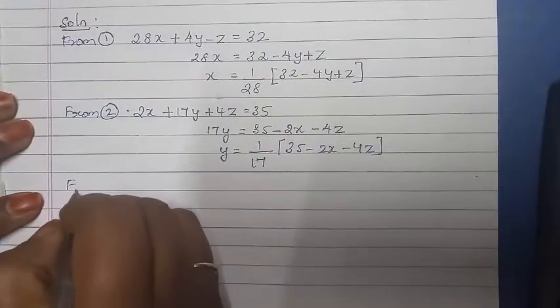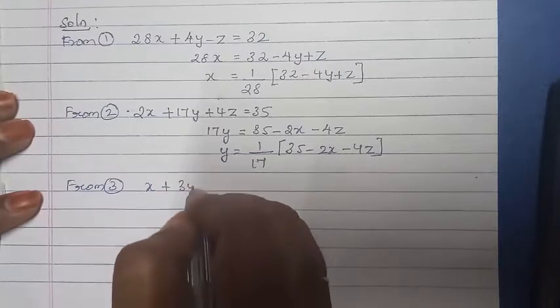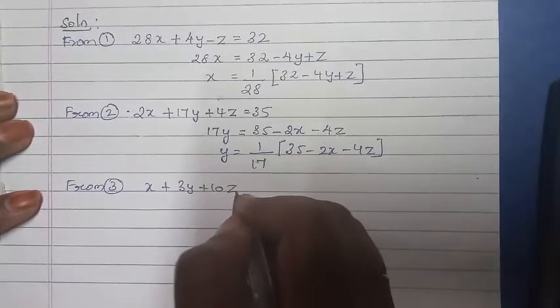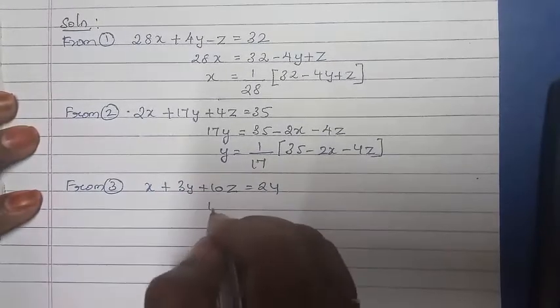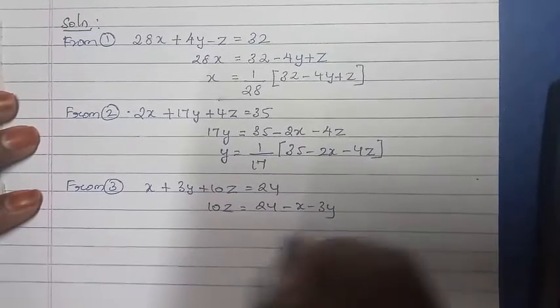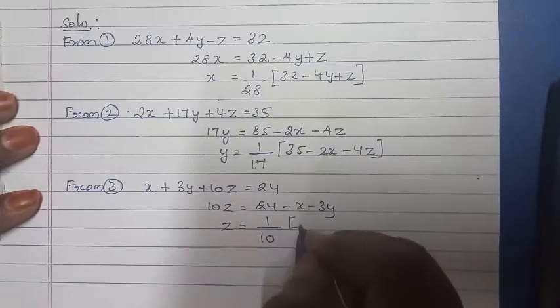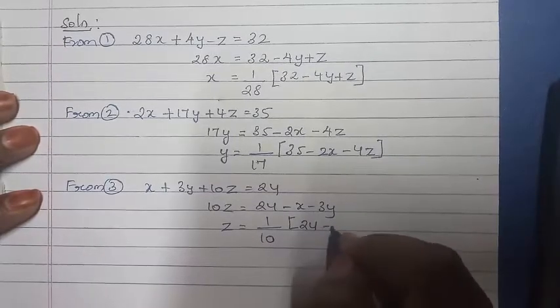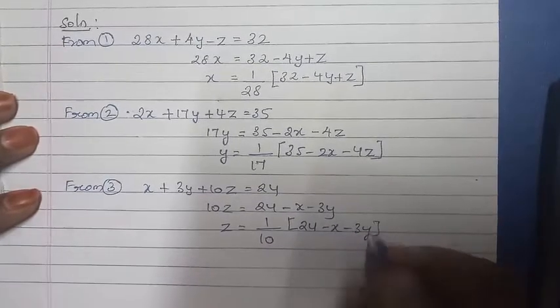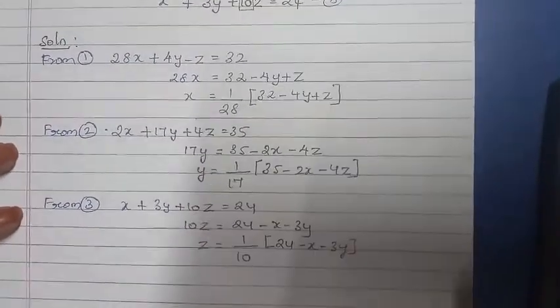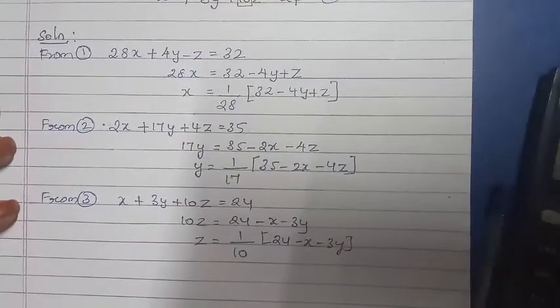From equation 3, x plus 3y plus 10z equal to 24, the z value is 1 by 10 into (24 minus x minus 3y). Now we have obtained the values of x, y and z.